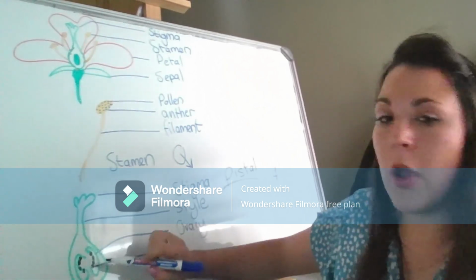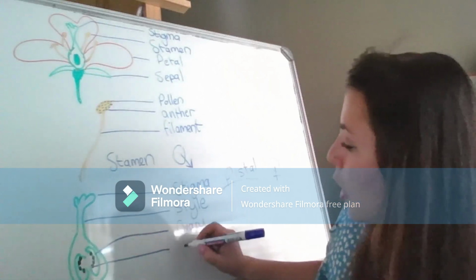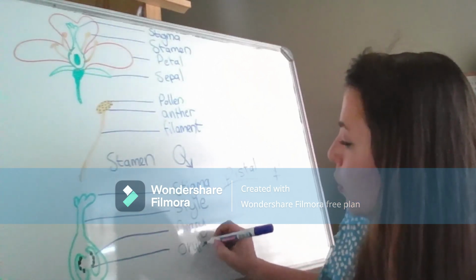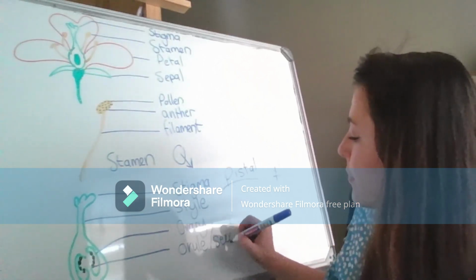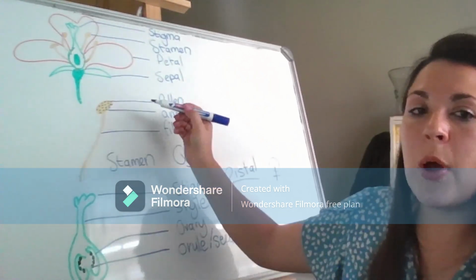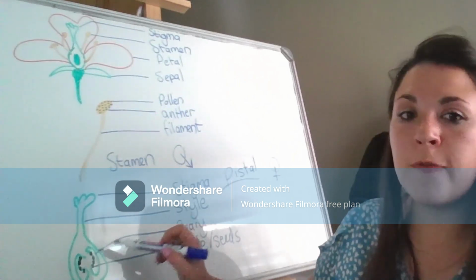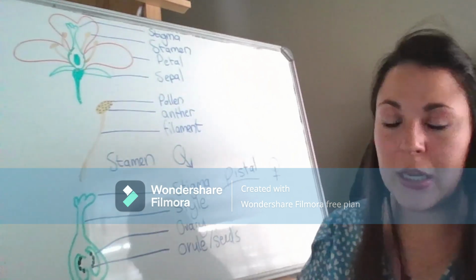And inside of the ovary, in this case, the little black dots represent the ovules, also known as the seeds. And these parts will be fertilized when the pollen enters the female part to make mature, fully formed seeds ultimately.